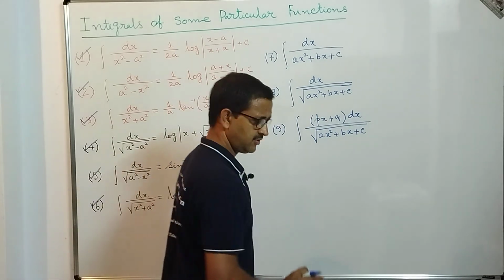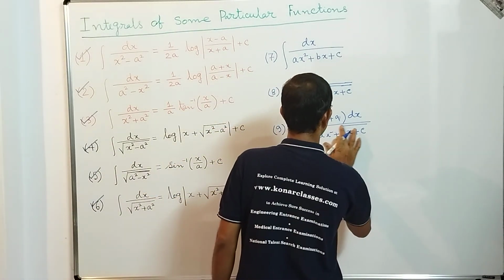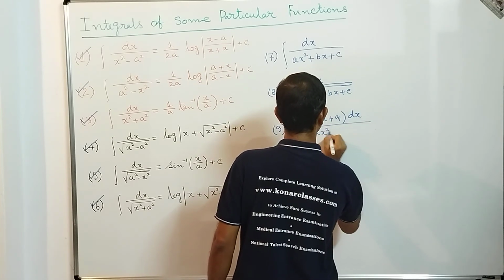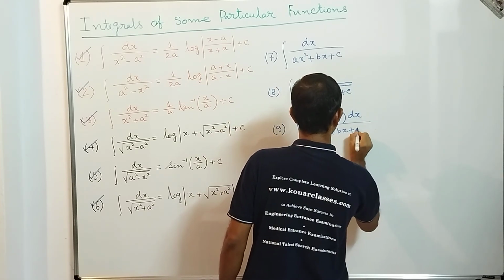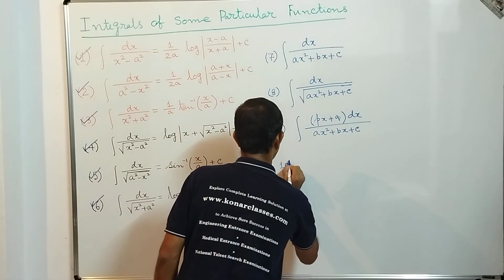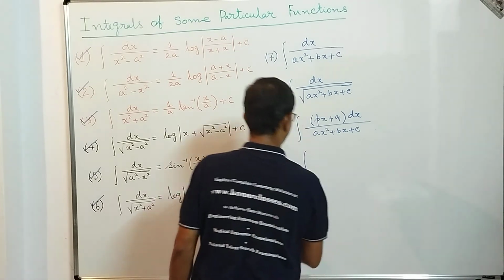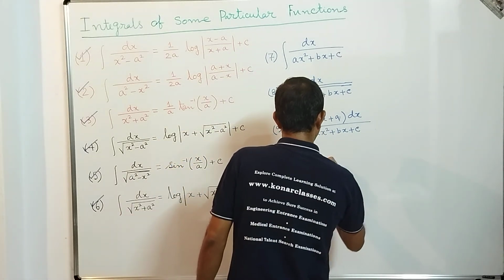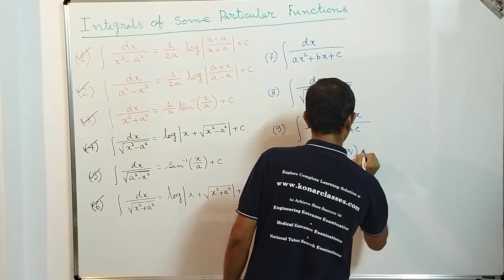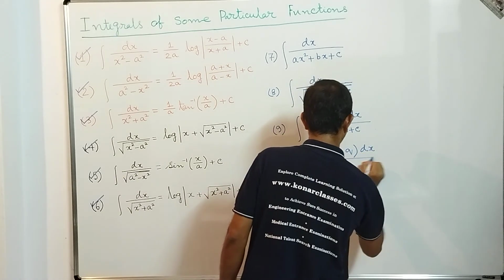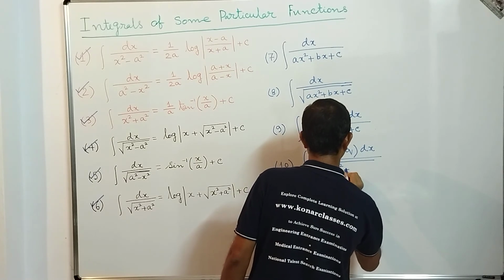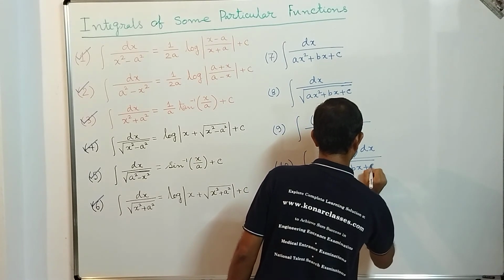First one, what you can do is remove that square root. So the first one will be ax square plus bx plus c, and the 10th one is something like this: integration of px plus q dx divided by square root of ax square plus bx plus c.